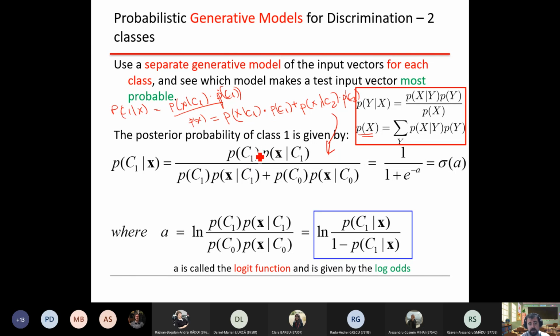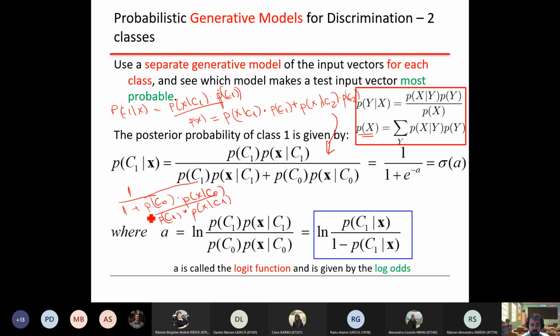From here, all we have to do is to divide by P of C1 multiplied by P of X given C1. So if we divide by this term, it means that we will get 1 over 1 plus P of C0 (or C2, whatever) multiplied by P of X given C0, divided by P of C1 multiplied by P of X given C1.